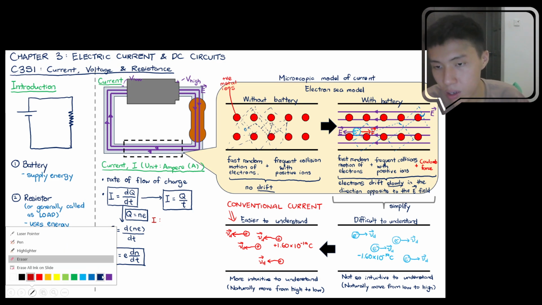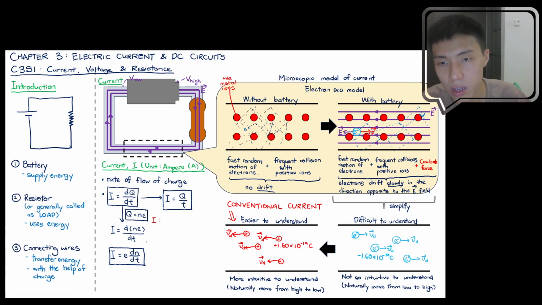I don't think there's a need to discuss Q. So I, dN/dt, N, and E. Okay, I is current. Current, another name for it, is the rate of flow of charge.